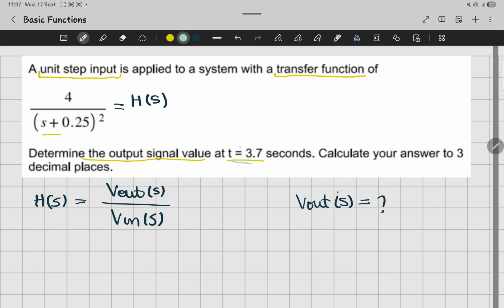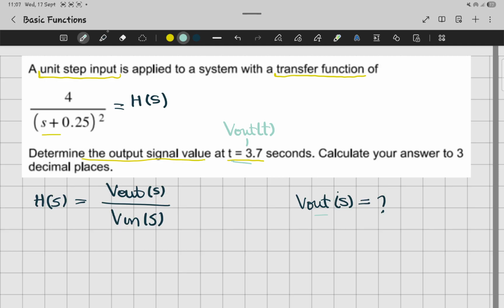You need to get V out in T, in the time domain, and then plug the value of T there. So before you get the time domain of V out, you need to go first for V out in the S domain.